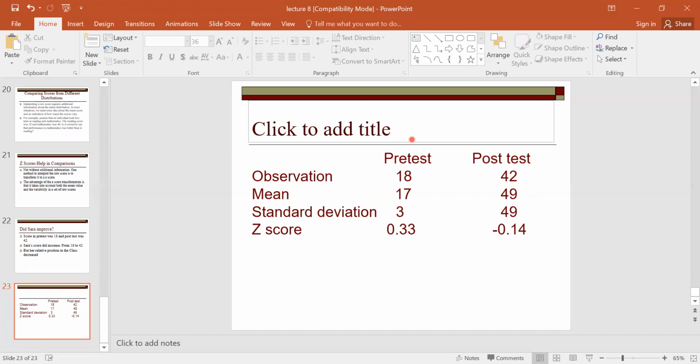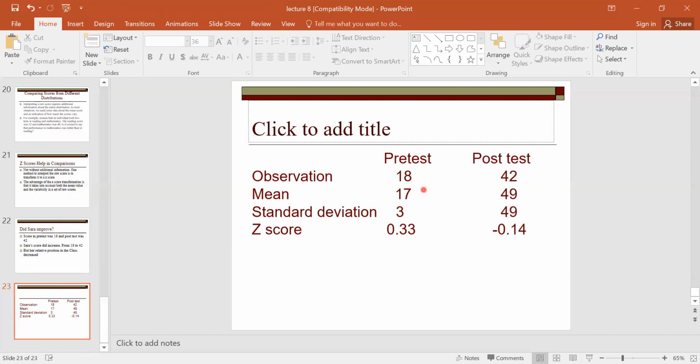These are her scores in the tests, and the mean of the pre-test is 17, and the post-test is 49. The standard deviation is 3 in the pre-test, and the post-test has a big variation in its standard deviation. So this decreased Sarah's overall evaluation in the post-test.